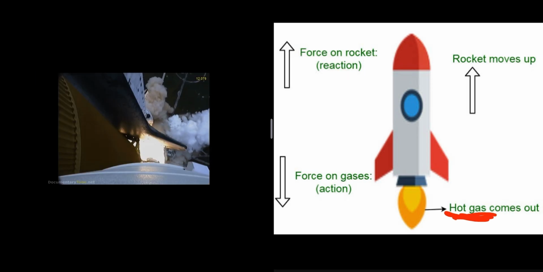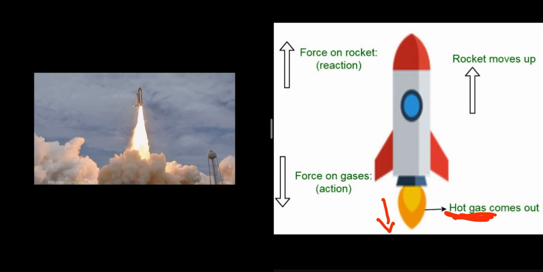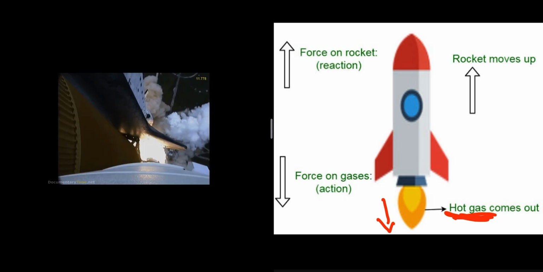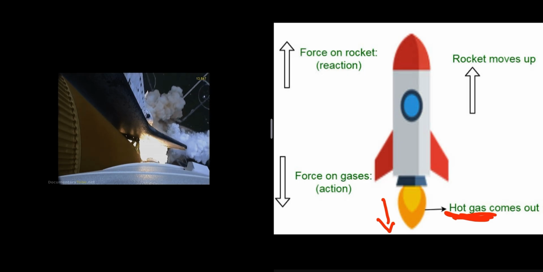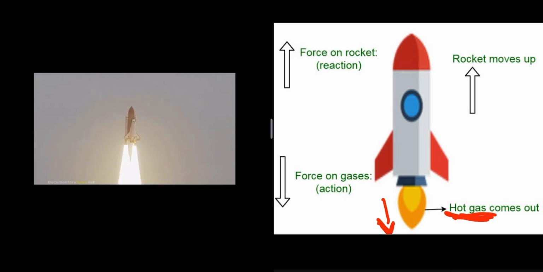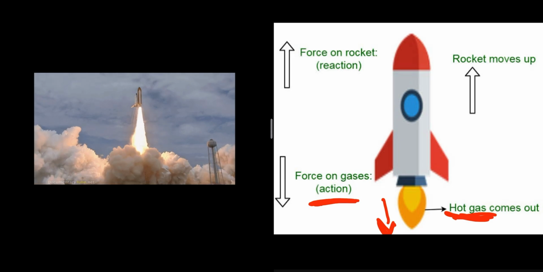In which direction do they come? Downward direction. When fuel is burnt, hot gases come out from the lower part of the rocket. In which direction? Downward direction. So this is nothing but action. What do we call this? Force of action.